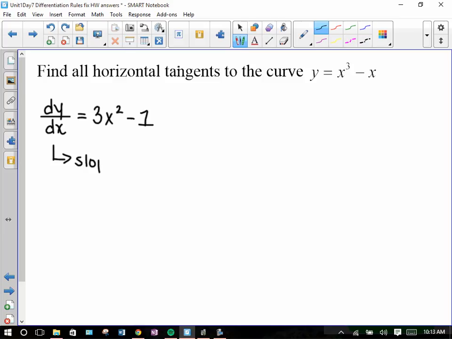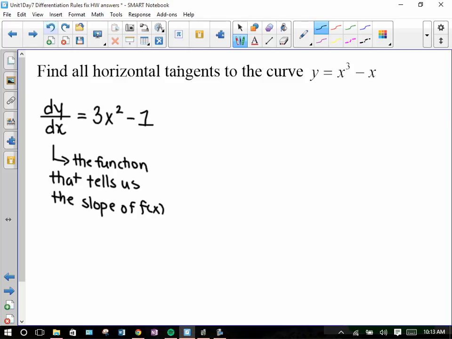Well, let me rephrase it. The derivative is the function that tells us the slope of f of x at any point.